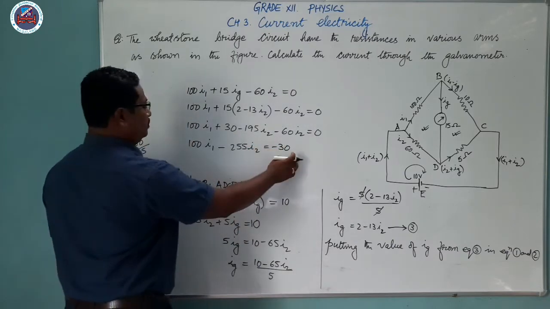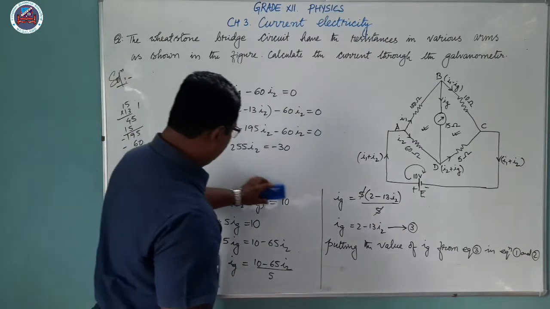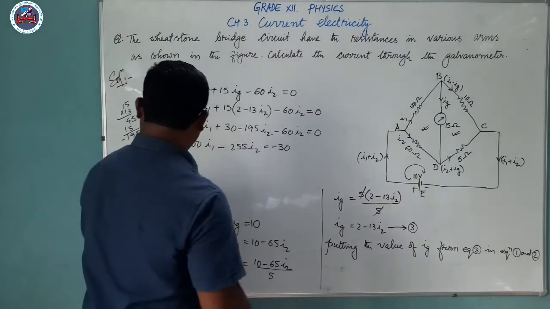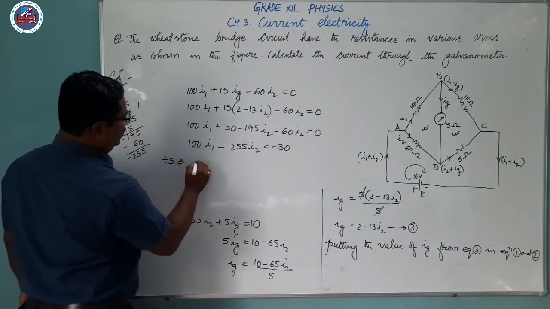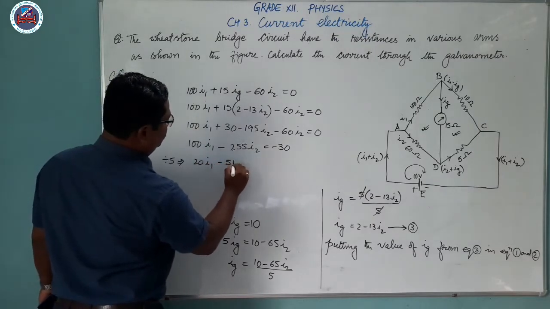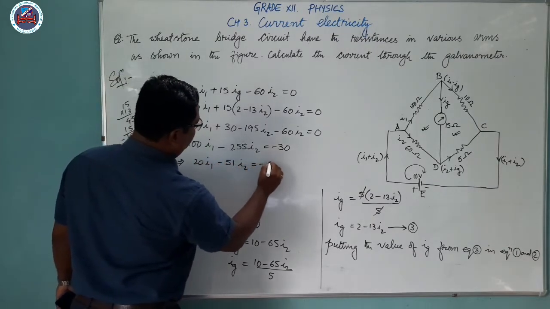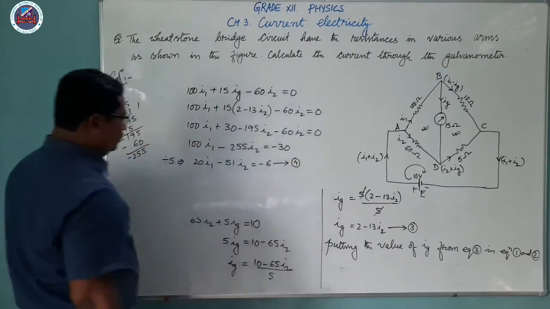This constant term we can bring here. Then we can reduce the equation by dividing by 5. If you divide it by 5, you will get 20 I1 minus 51 I2 is equal to minus 6. This one we will take as equation number 4.